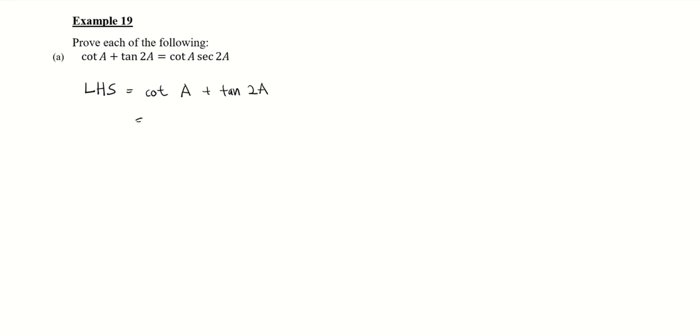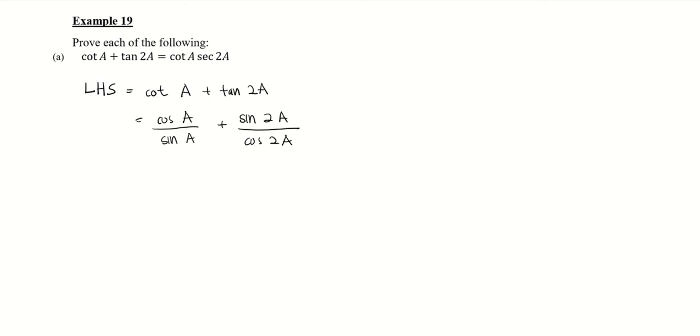Cotangent is 1 over tangent, or the reciprocal of tangent. Tangent is sine over cos, so cotangent is cos over sine, so this equals cos A over sine A. And for tangent, that is sine 2A over cos 2A.